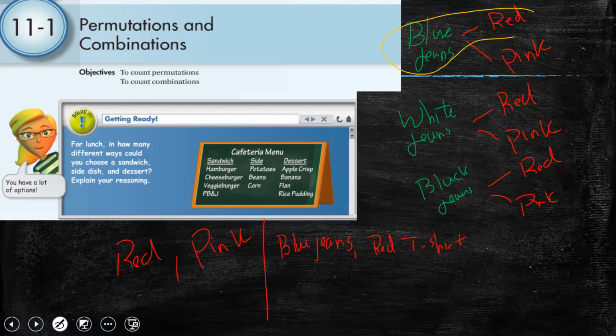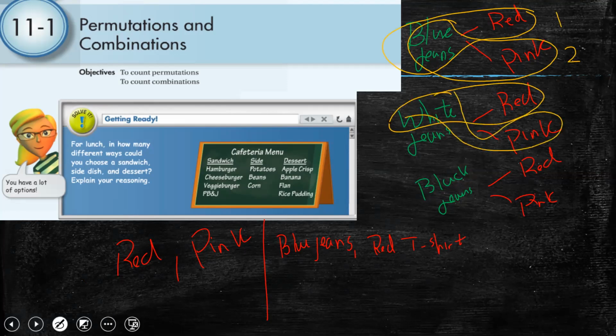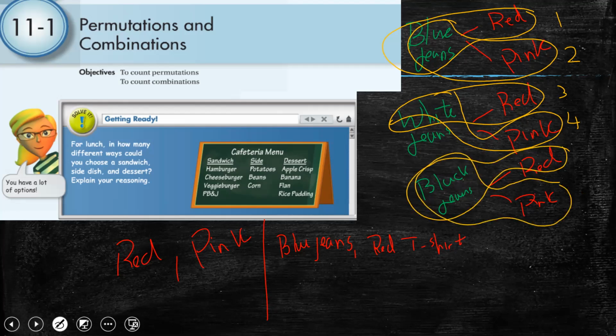The second one, you can wear blue jeans with pink. So I have 2 choices. White jeans with red and white jeans with pink. So I have by now 4 choices. Black jeans with red and black jeans with pink.